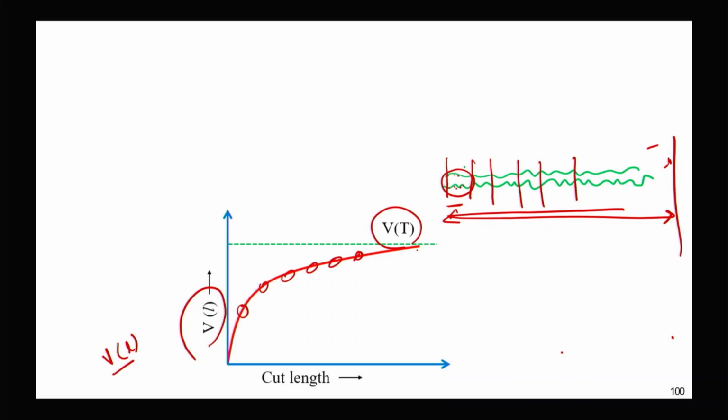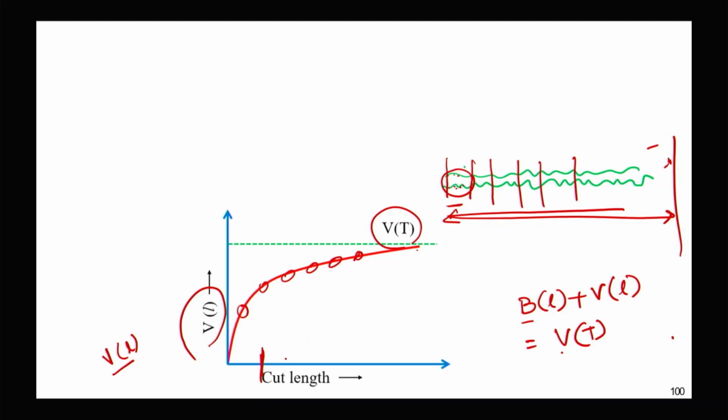And if we take a particular cut length, and add the variance between length and the variance within length, we will get the total variance, VT.